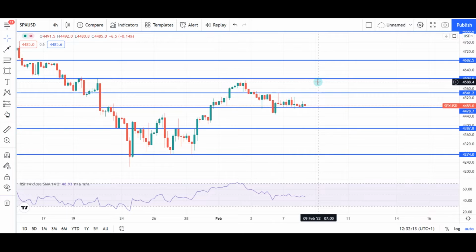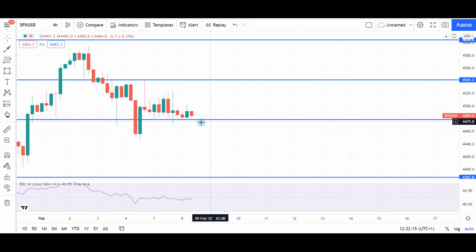So please watch that one. If it breaks lower, you can open a sell position. If it rebounds, you can open your buy position here and expect it to go up. That's the trading idea for the S&P chart.